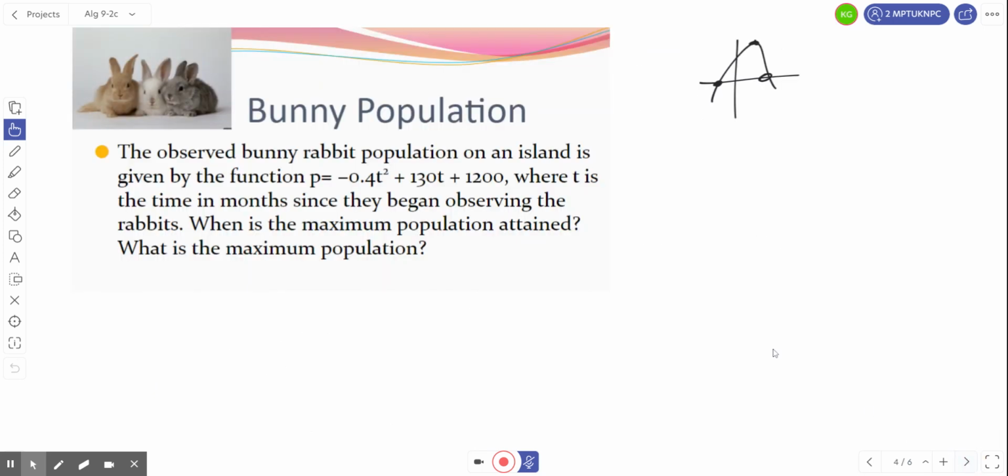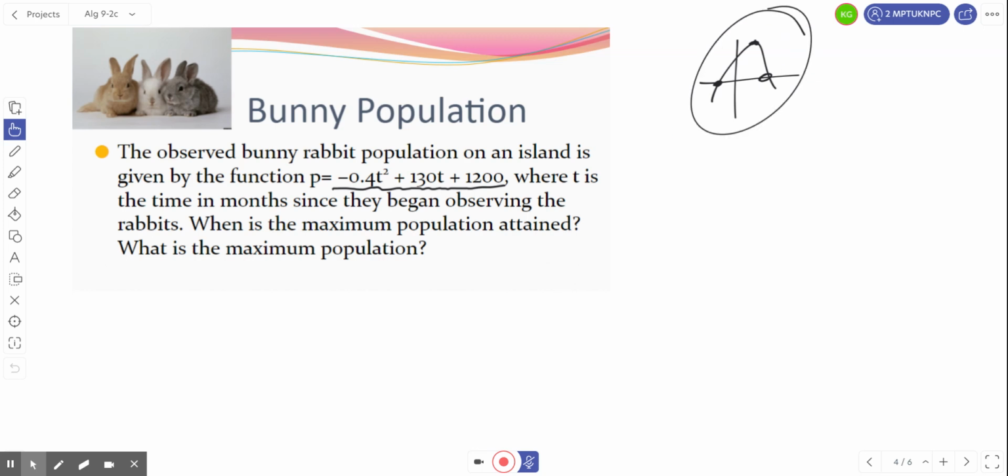Here we have a population of bunnies, and the observed bunny rabbit population on an island is given by the function negative 0.4 t squared plus 130t plus 1200, where t is the time in months since they began observing the rabbits. When is the maximum population attained?